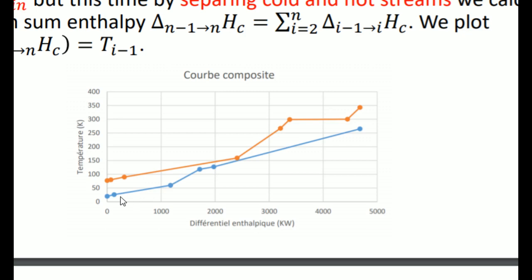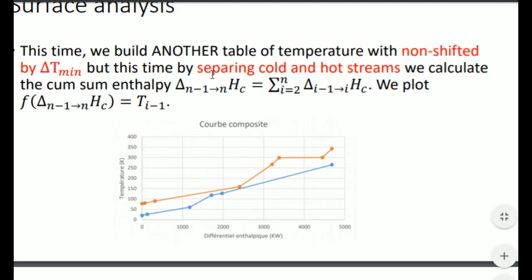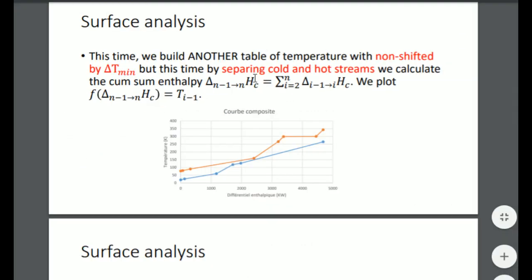without the utilities. So remember that we built a COMSUM enthalpy. So we separate the intervals of temperature with cold and hot. So now what we'll do is we will calculate the enthalpy of the hot and the enthalpy of the cold fluid.